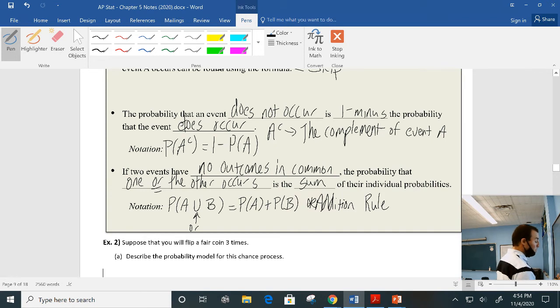Mutually exclusive just means that the two events have no common outcomes. We're going to see another addition rule later on. Again, we'll look at some more examples in class.